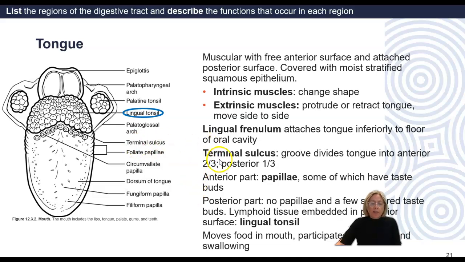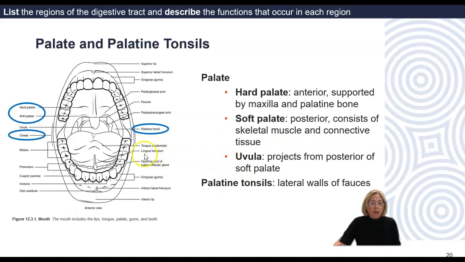If I just go back a slide now, the lingual frenulum attaches the tongue inferiorly to the floor of the oral cavity. So that's what you're looking at there. And a person is said to be tongue-tied if this lingual frenulum extends too far towards the tip of the tongue, and that then interferes with tongue movement and speech production. So a little surgery can be done to correct that.